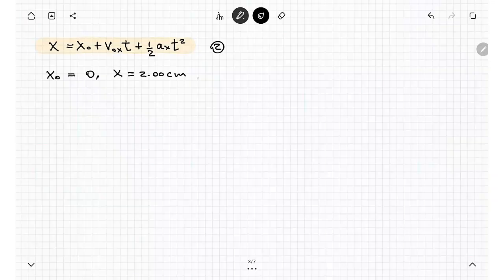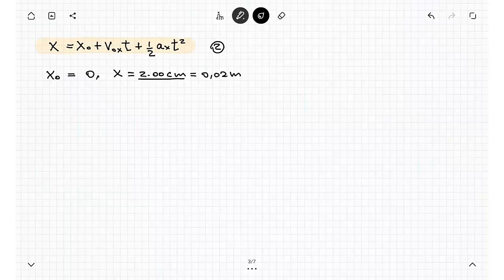And if we do a conversion real quick, we will find out that 2 centimeters is equal to 0.02 meters. It's something really easy to do. It's just dividing this quantity by 100, because 1 meter is equivalent to 100 centimeters.